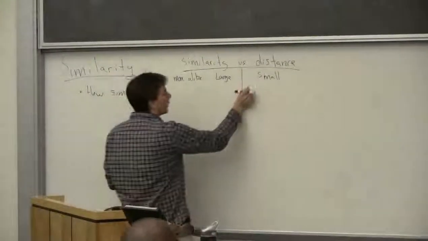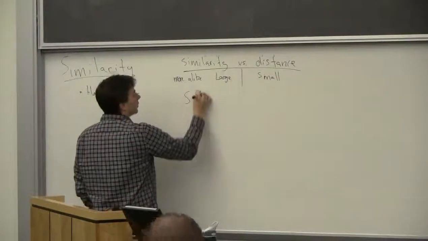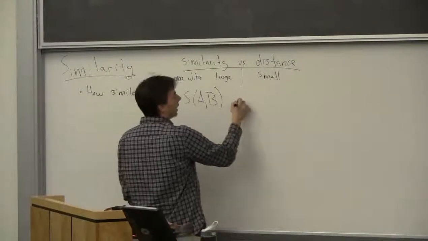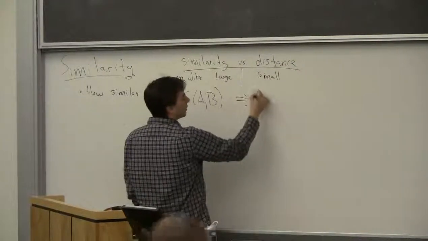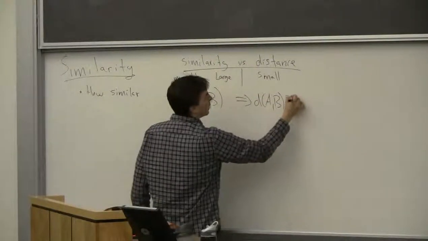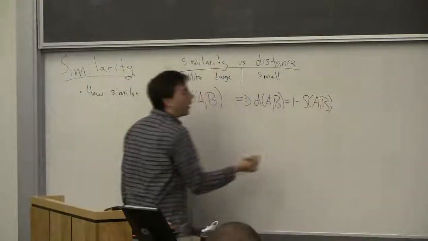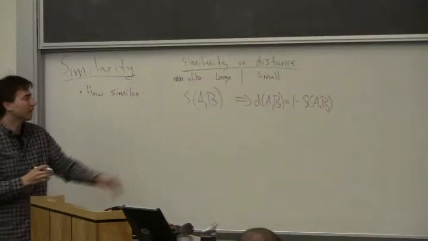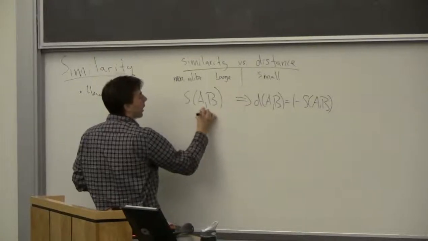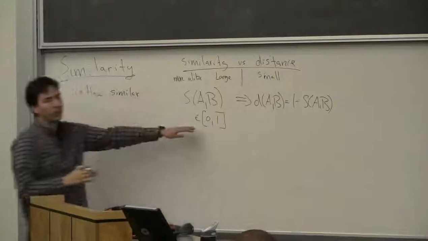So if we have a similarity between two objects A and B, then one way of converting it into a distance between A and B is the distance equals 1 minus the similarity. This is typically the case if the similarity is in the range [0, 1].